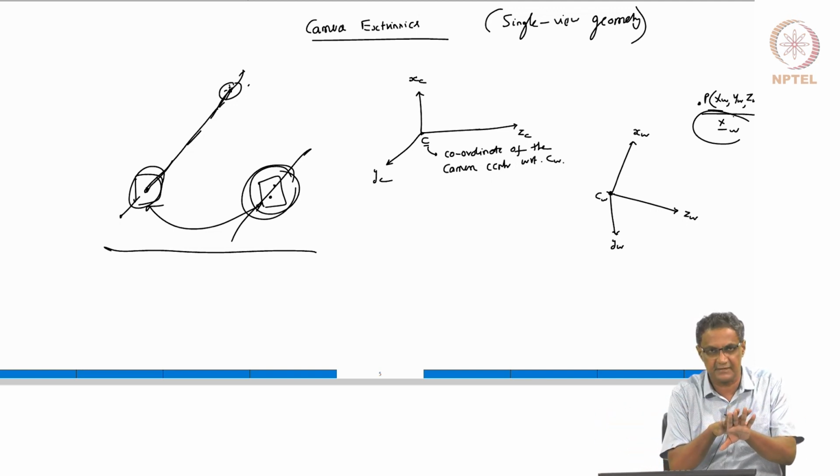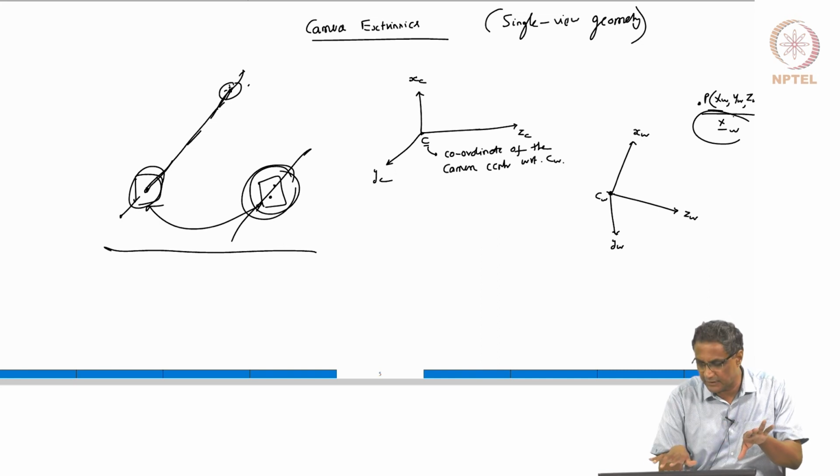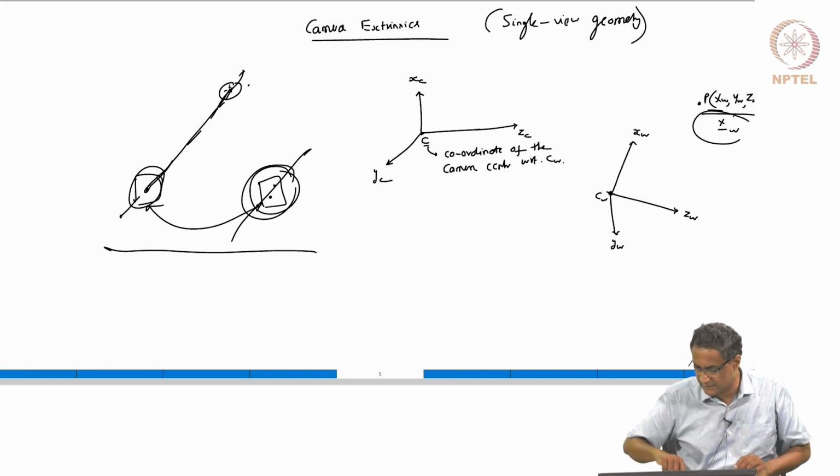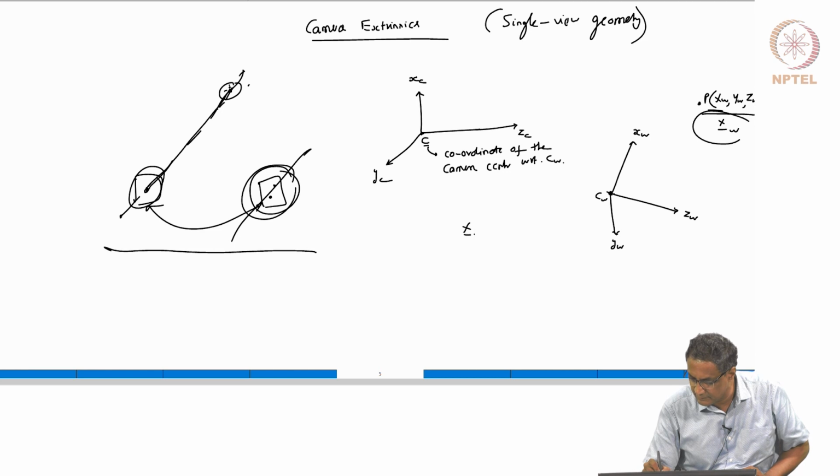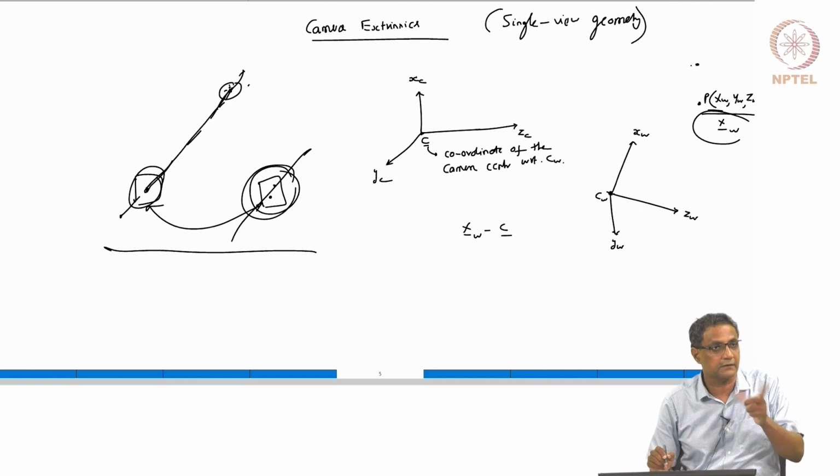If you just do that and try to plot that point, where xw minus c bar will go, it may not give you the same point unless you rotate, because these two have a mutual rotation also.